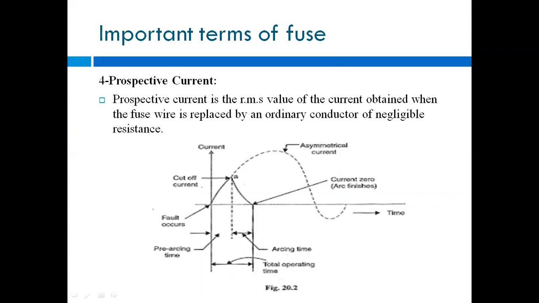Okay, so here the fault is occurring, and during this period the current is increasing, from the 0 point to point A. And it reaches the cutoff current.